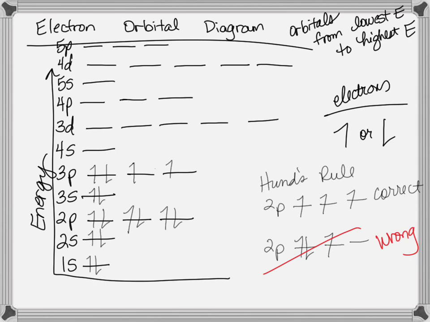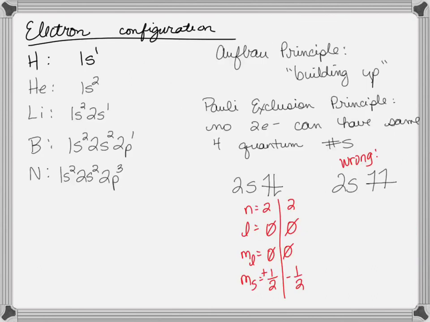That's the diagram. So what you wrote for an electron configuration is 1s2, 2s2, 2p6, 3s2, 3p4.